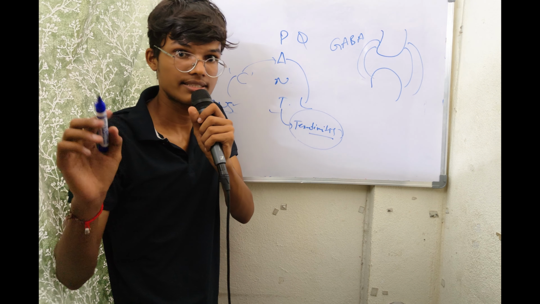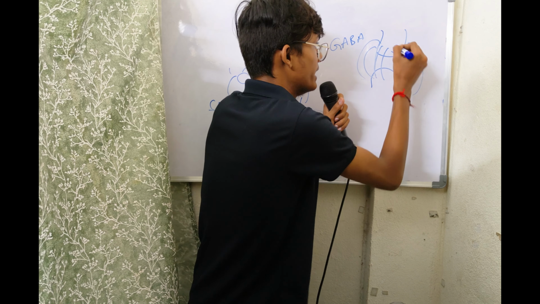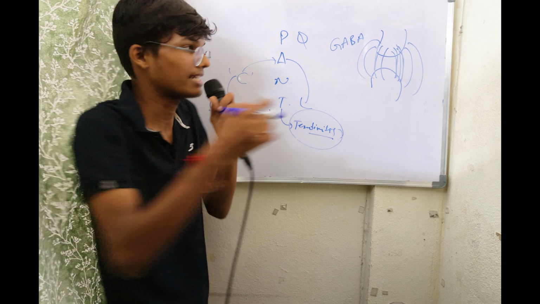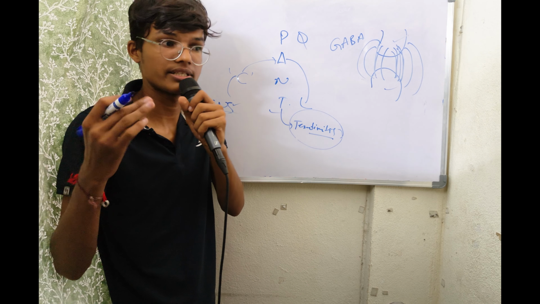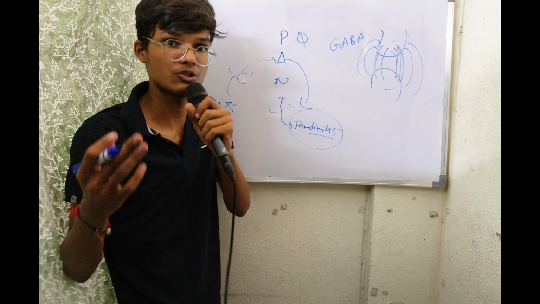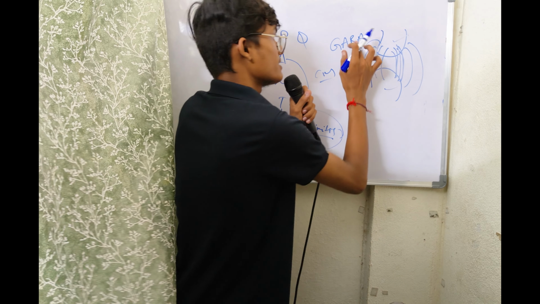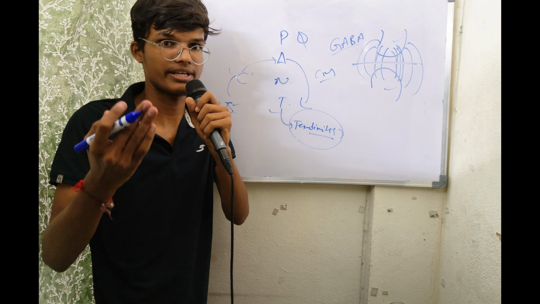It prevents excessive neuronal firing, excessive transmission from neuron to neuron, so that we do not get depression, anxiety, insomnia, or any CNS-related symptoms. GABA is like a gatekeeper, preventing the excessive firing of neurons.